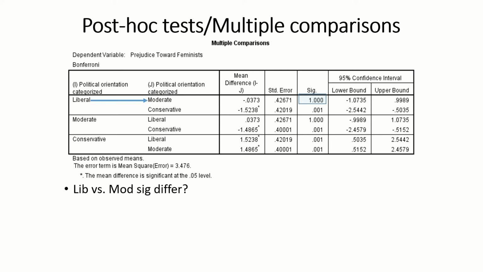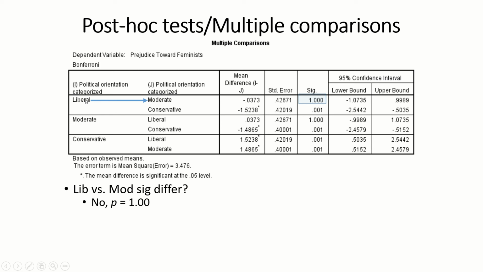Our p-value for the liberal-moderate comparison is p equals 1. P-values are significant if they're less than or equal to 0.05. We are as far from 0.05 as we can go here. So liberals and moderates do not significantly differ. P equals 1.00.